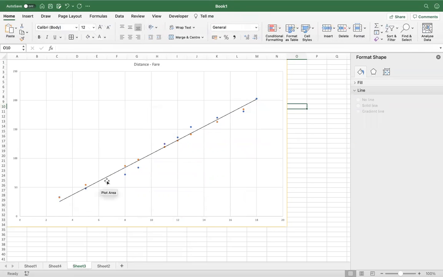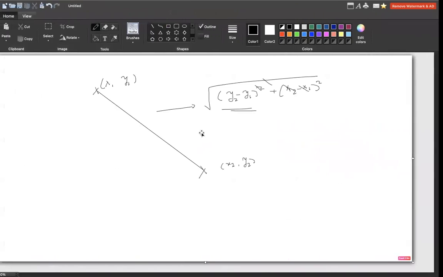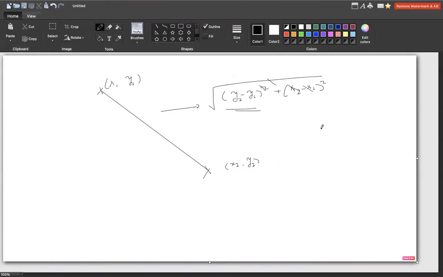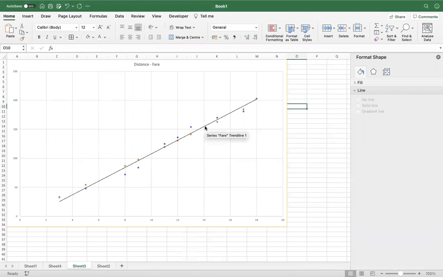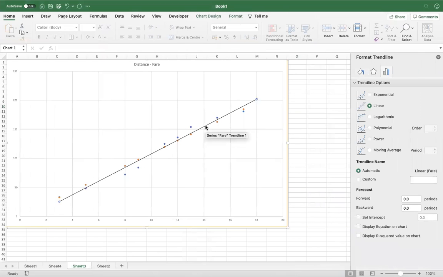I want to create a straight line in such a way that it closely passes through all my blue data points. If I'm able to create this particular straight line, then what happens is tomorrow, whenever I want to make a predicted fare for 20 kilometers, for example, I can just extend this line, right?